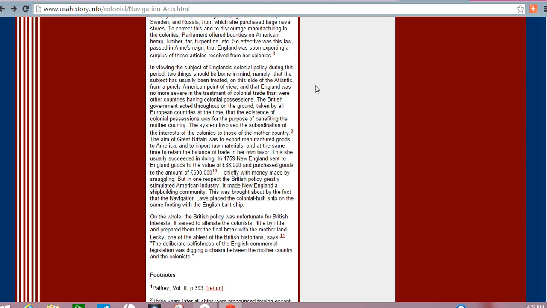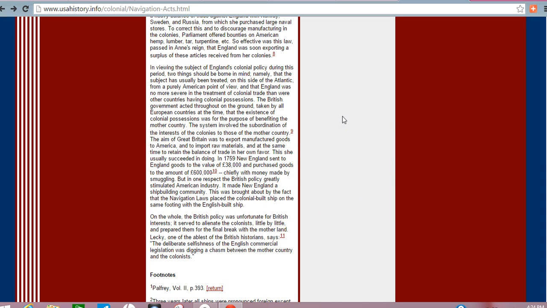And this all goes back to the fact that the Navigation Acts were hard to enforce. Part of why they were hard to enforce is because of this whole thing that I just described with Cromwell and the Stuarts and then the Restoration, and we got all this confusion. And so they passed these laws trying to control the flow of trade, and it says here that England managed to be fairly successful at controlling the flow of trade.